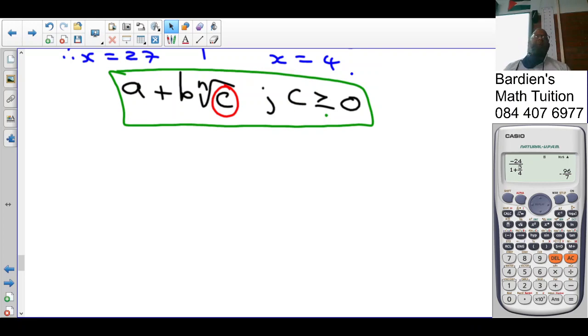People, any issues with number 3? Yes? 2J, yes. 2J was the cube root of 125 over 27, which is 5 over 3.